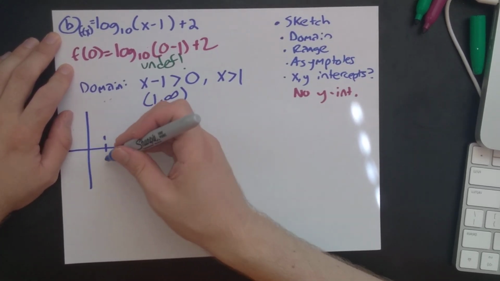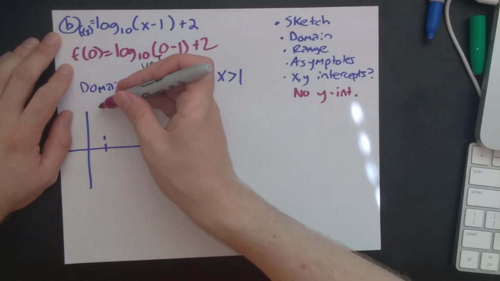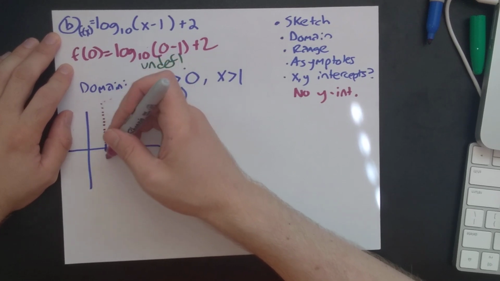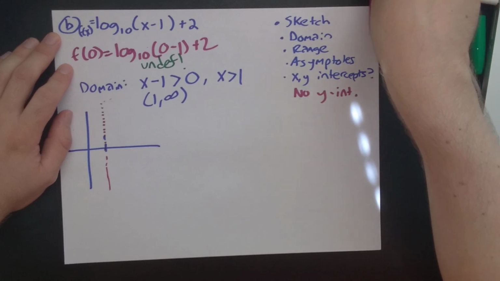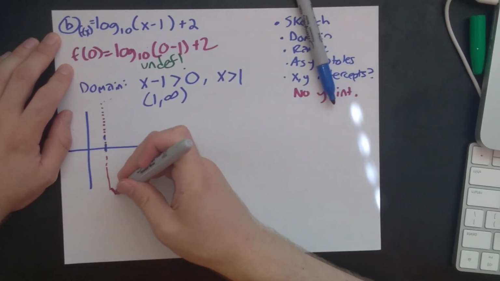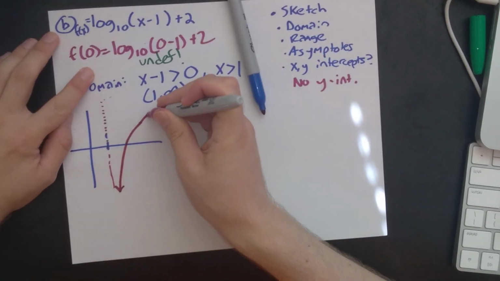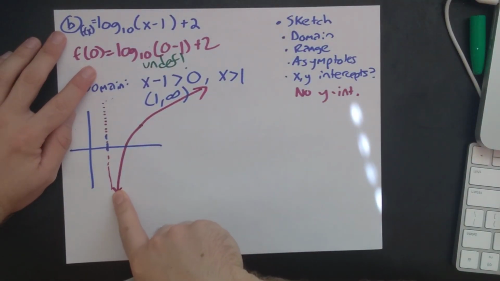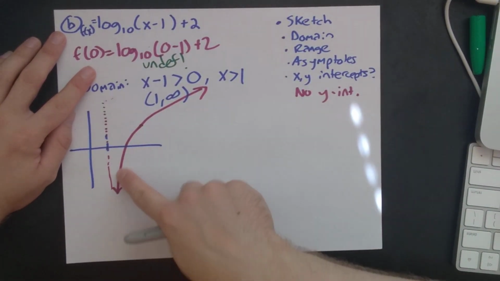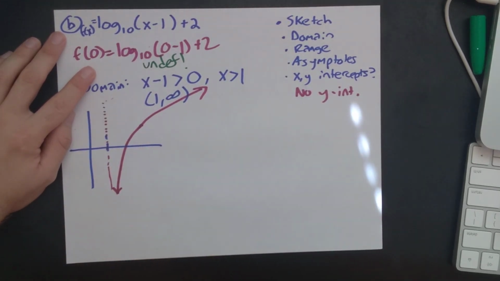There's actually going to be an asymptote here as x gets closer and closer to 1. It's going to go off to minus infinity. So this is what the graph of this should look like.